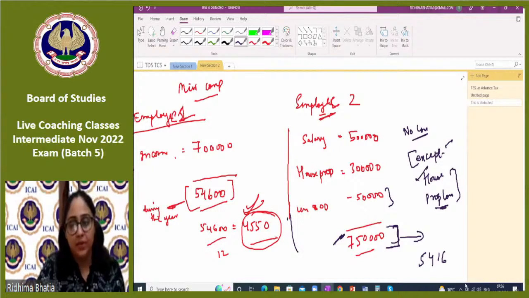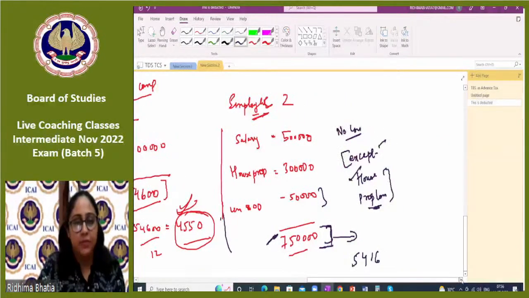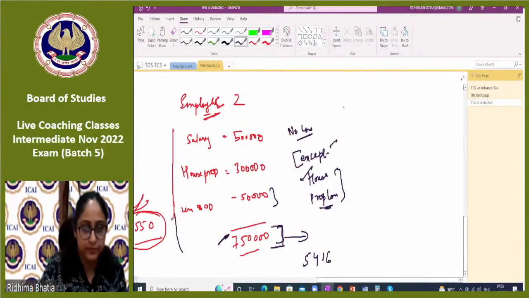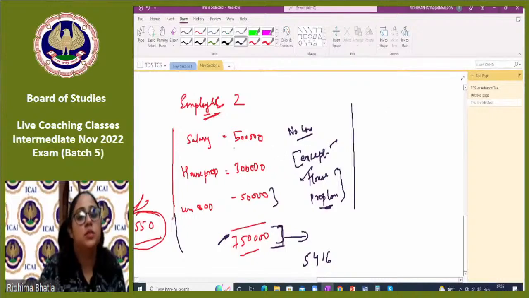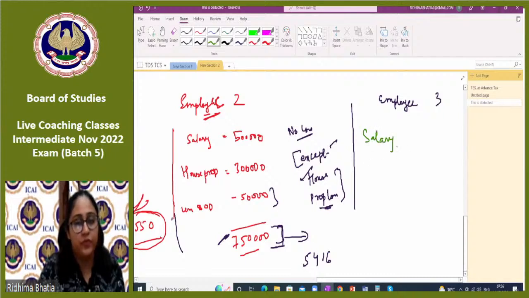Okay, so now tell me, as an employer, for employee number 3, how much will you compute as tax liability if his salary income after the 50K standard deduction is 9 lakhs, and he has given you the following declarations.